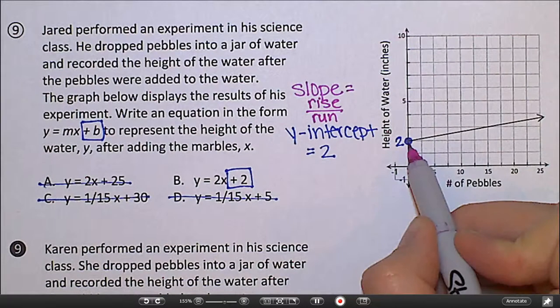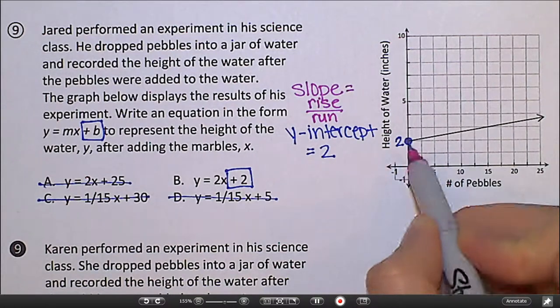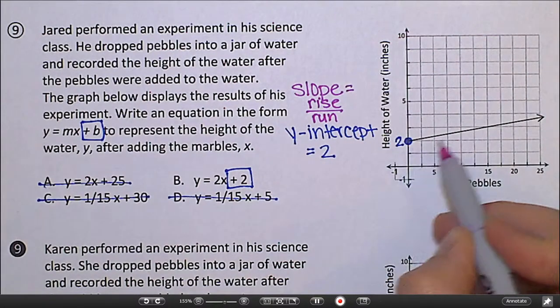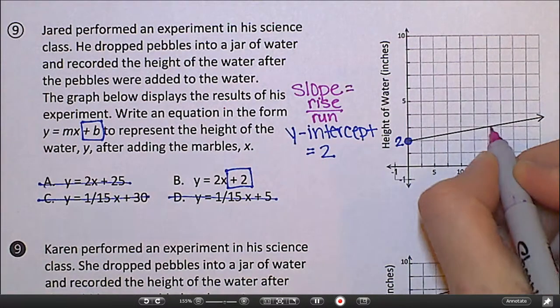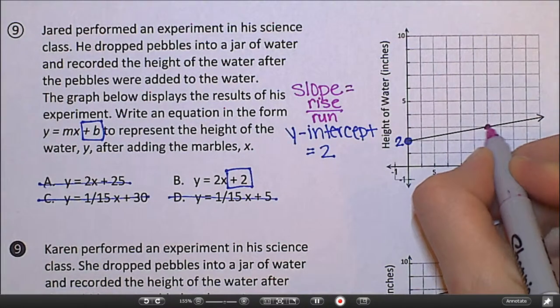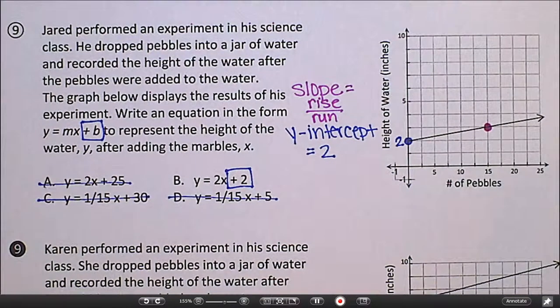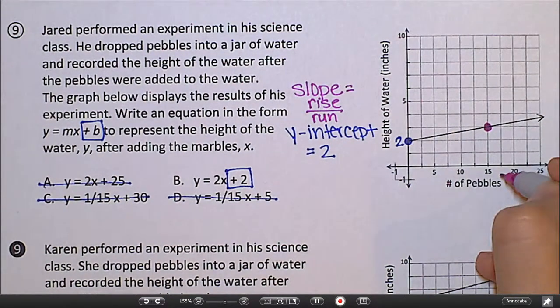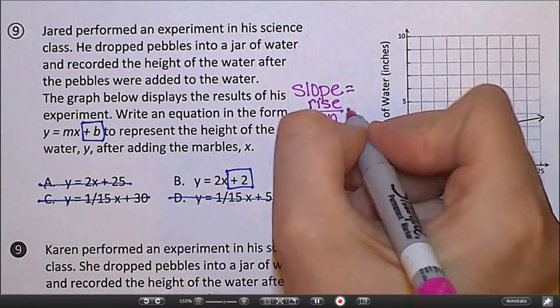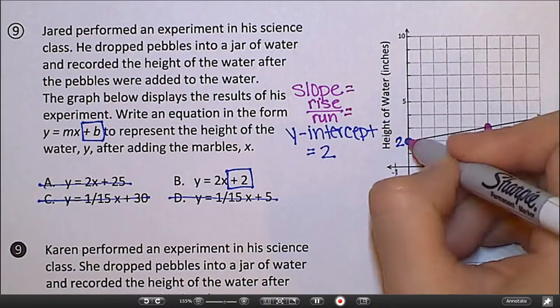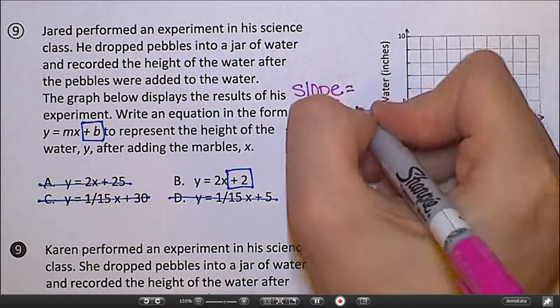So I'm going to count from this point right here. I already know what point that is. It's 0, 2. And I'm going to find another easy to use point. So somewhere where it's not in the middle, but where it hits an actual intersection. So this is 15, 6. So my rise here, I've gone up 1.